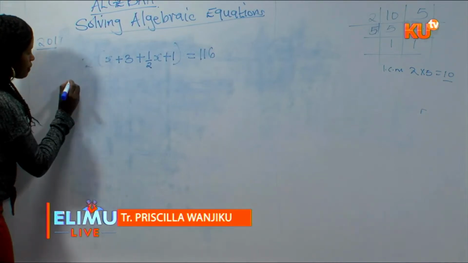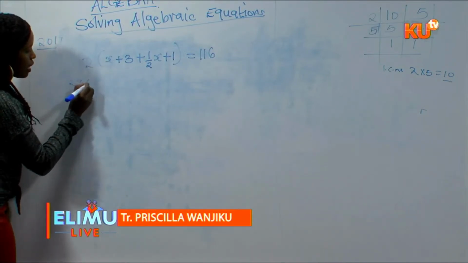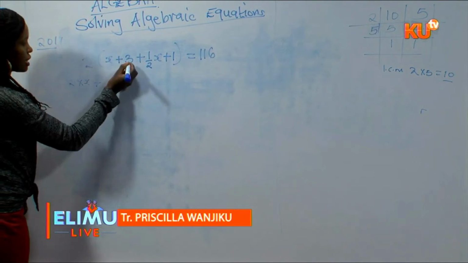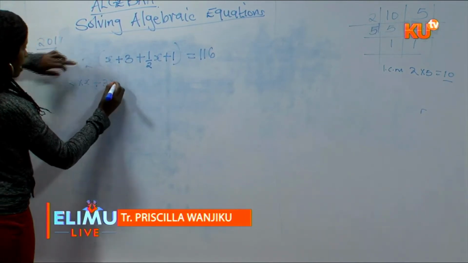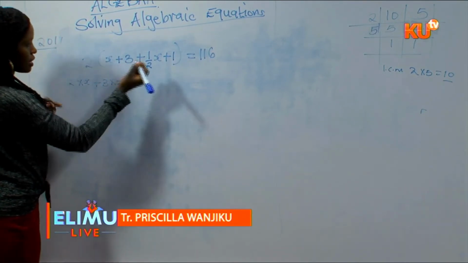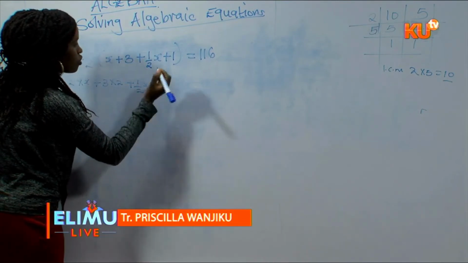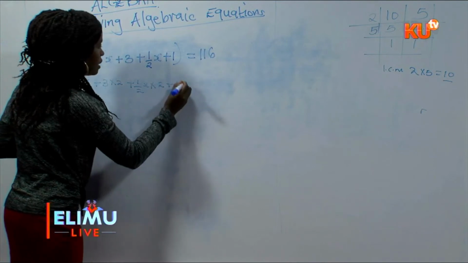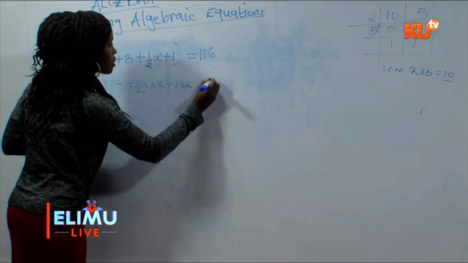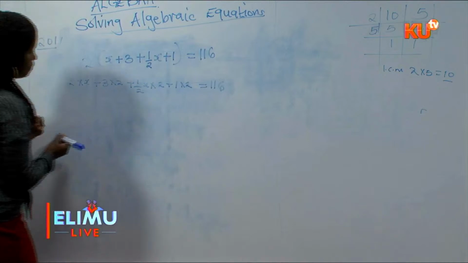2 times x plus, this is 3, I multiply by 2 plus a half x times 2 plus 1 times 2 should give us 116.